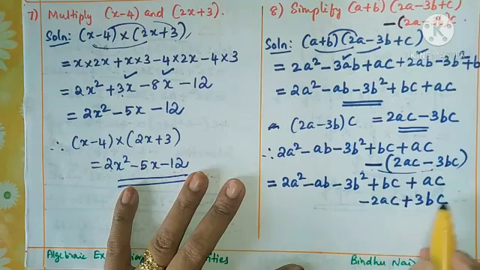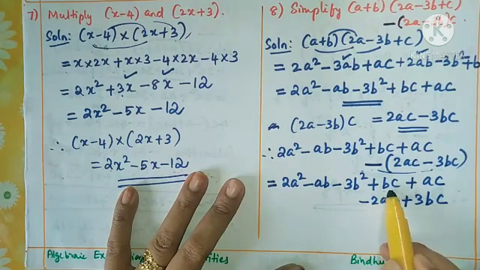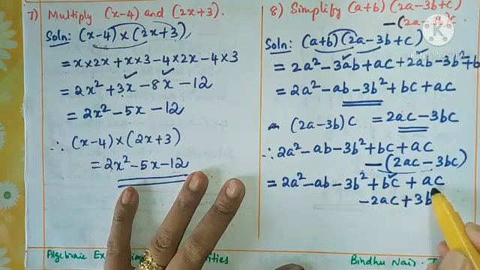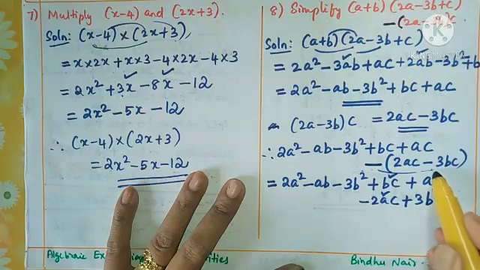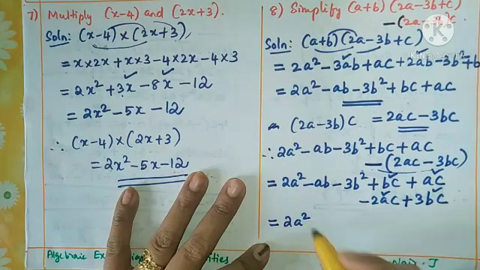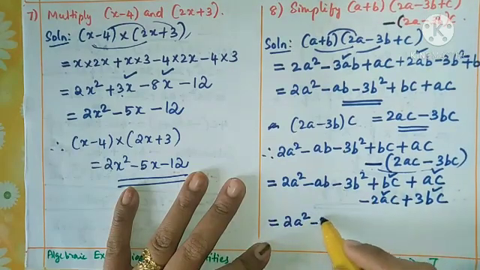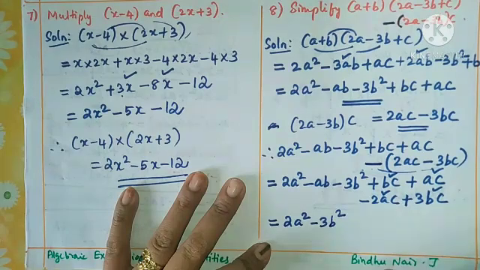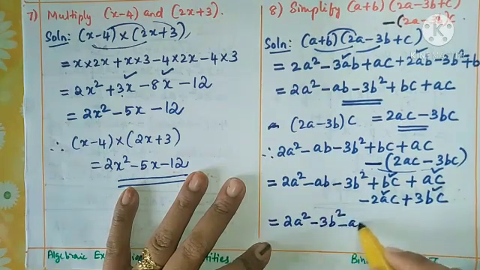Now again you want to see whether there are any like terms. Yes, here you see plus BC and plus 3BC like terms, and minus 2AC plus AC like terms. Okay, so what you are getting, this is equal to 2A square minus 3B square minus AB.